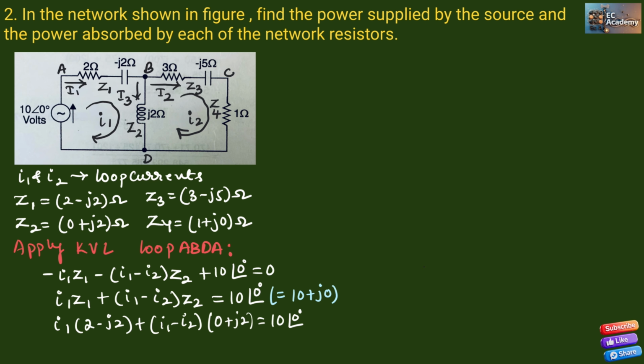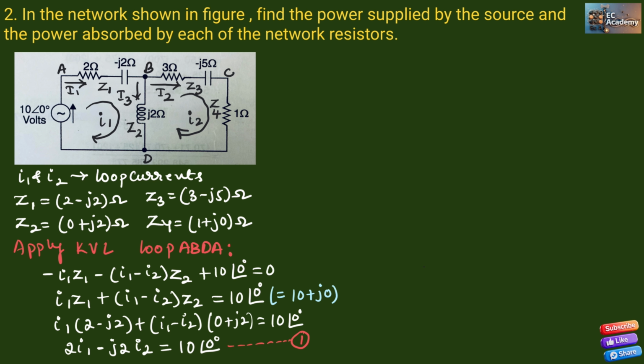If we simplify the above equation, we get 2I1 minus J2I2 will be equal to 10 at an angle of 0 degree. Let us take this as equation number 1.